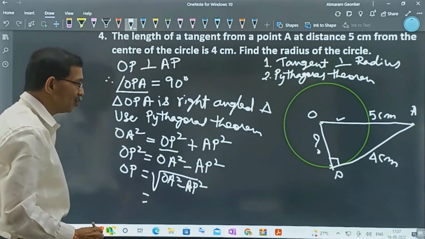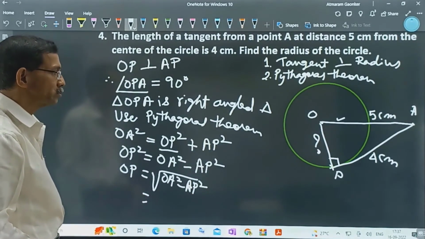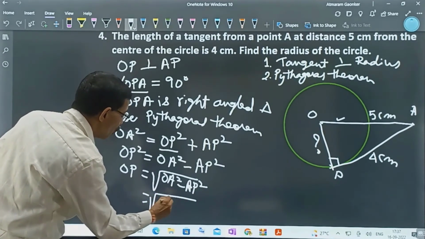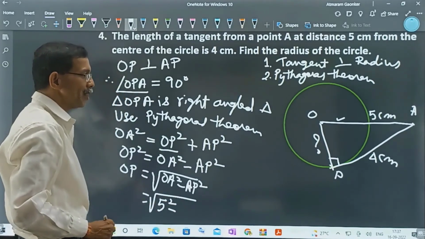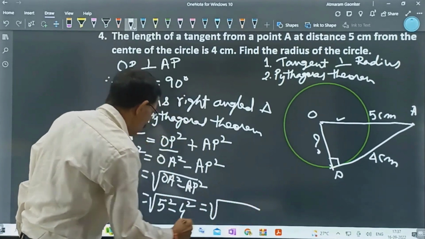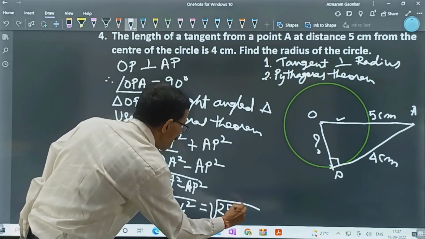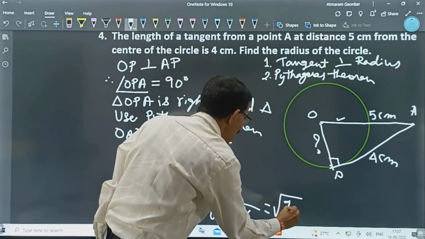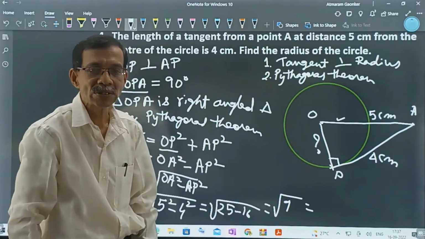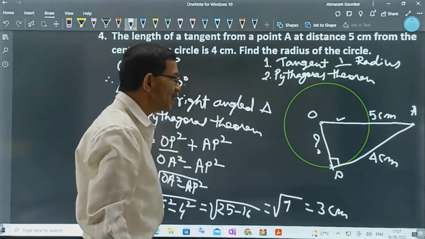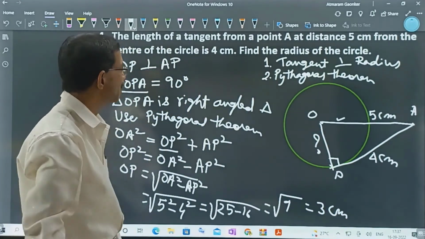So now we already know OA, and OA is 5. So this will be 5 square minus AP. AP is 4, so it is 4 square. This is equal to 25 minus 16, which works out to be square root of 9. And square root of 9 is how much? It is 3. So the radius of the circle is 3 centimeters.